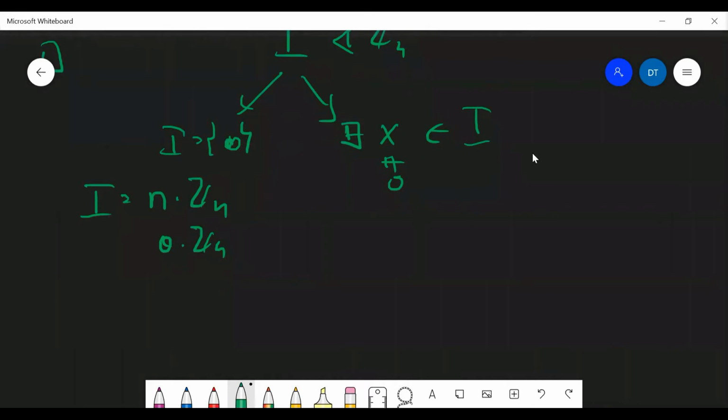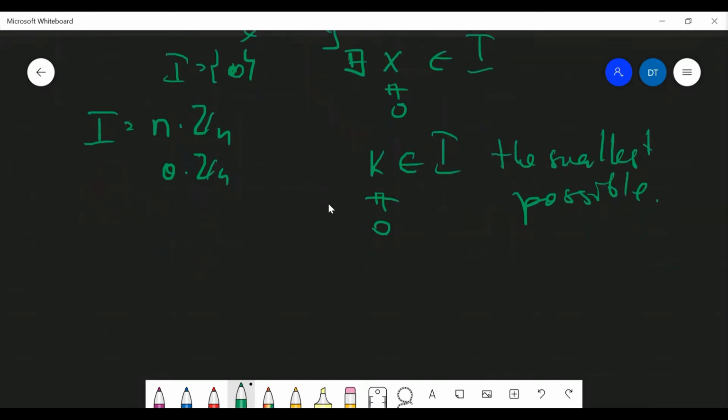So, okay, let's take the minimal possible non-zero x inside I. So let k be an element of I which is not zero and the smallest possible. Then if you take an arbitrary element h from I, you may divide it with remainder by k, so you can write it like this.